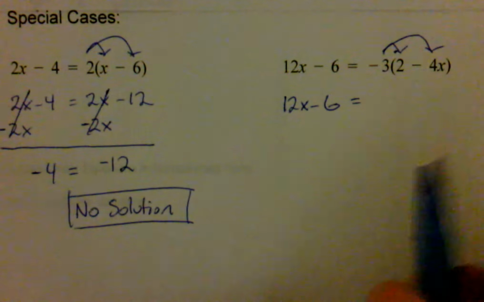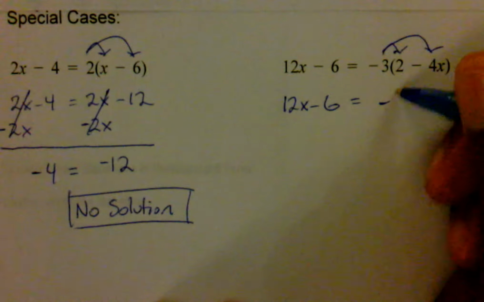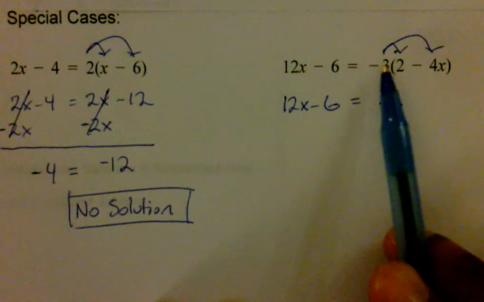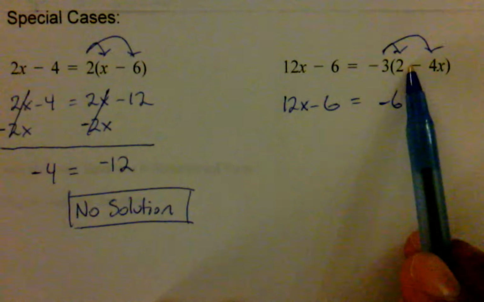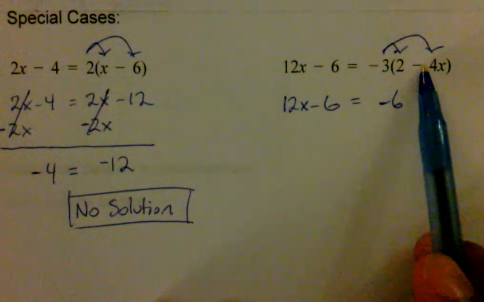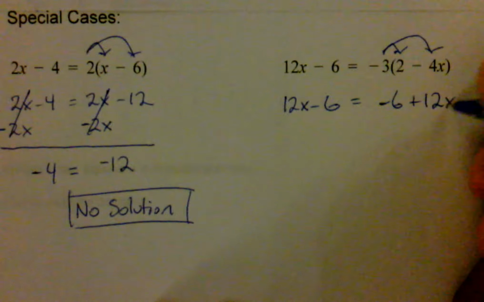When I do negative 3 times 2, I get negative 6. When I multiply negative 3 by negative 4x, a negative times a negative gives me a positive, so that's a positive 12x.